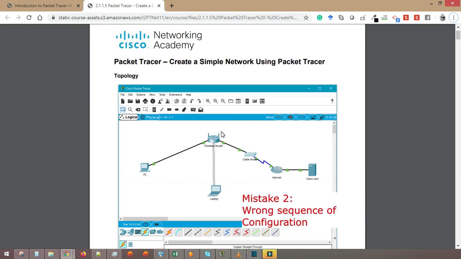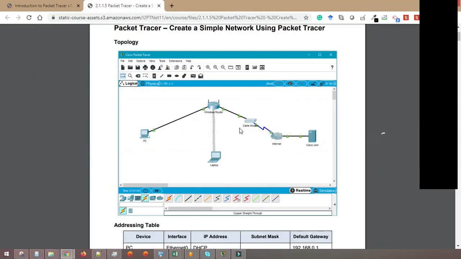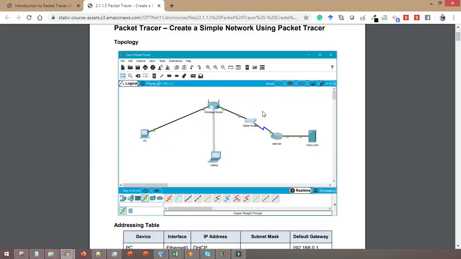The second common mistake is the wrong configurations, or wrong sequence of configurations, for the internet. These are the two common mistakes or challenges that students encounter when trying to complete this lab. In this session I'm going to show you how you can fix this.